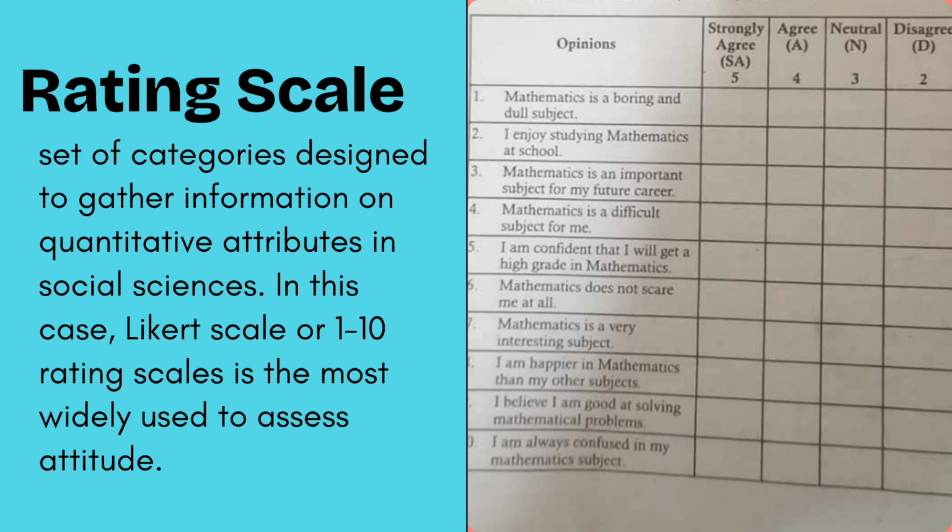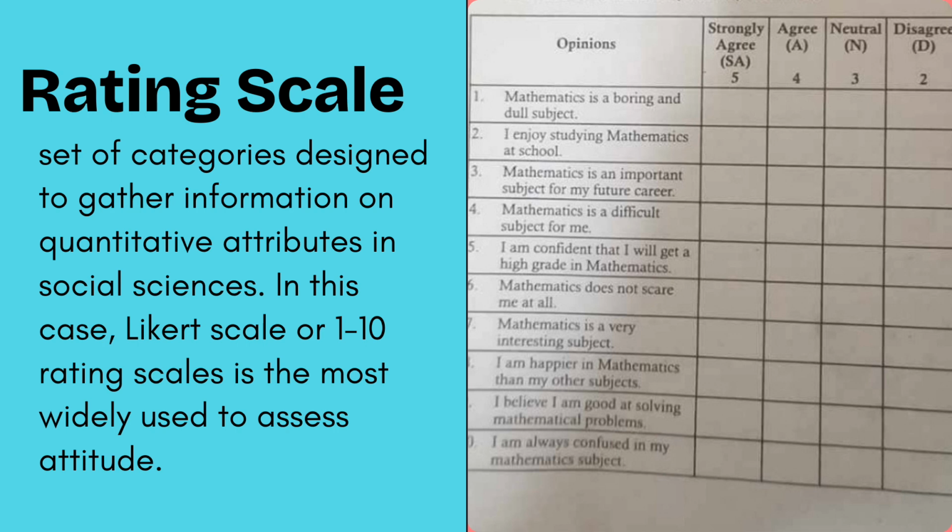Here's how a Likert scale typically works. First, respondents are presented with a series of statements or questions. Second, they are asked to indicate their level of agreement or disagreement with each statement on a scale, usually ranging from strongly agree to strongly disagree.